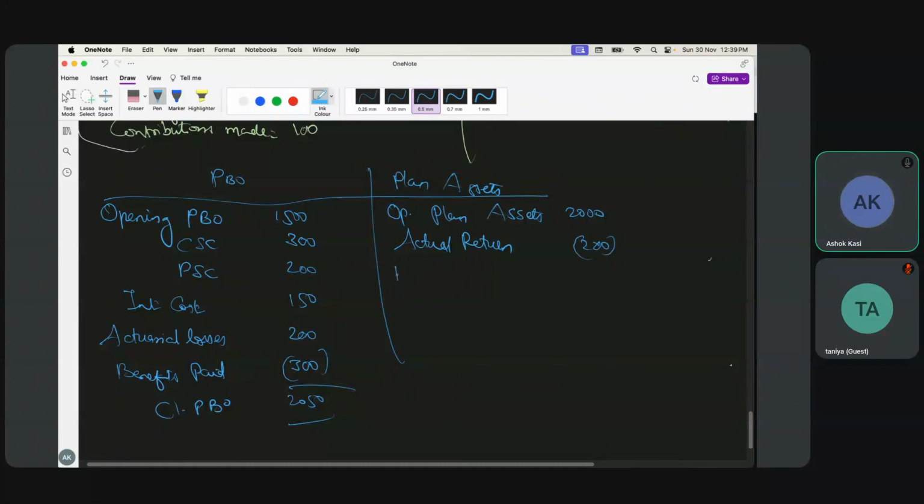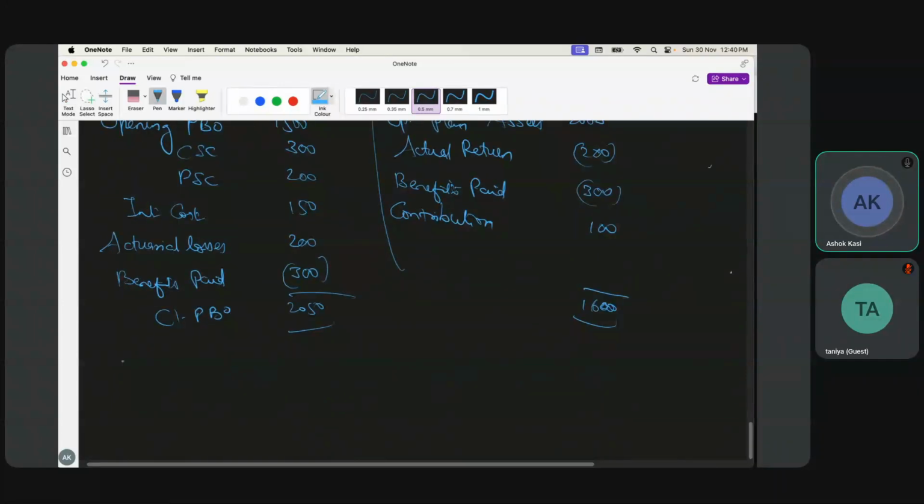Then benefits paid is 300. Then contribution is 100. How much is this coming to? 1600. This is okay? Fine, okay.